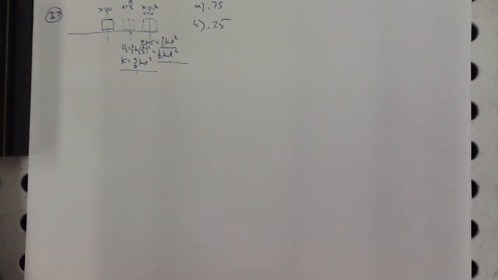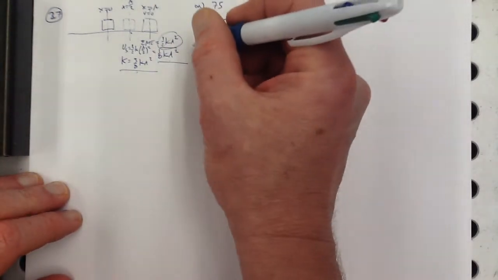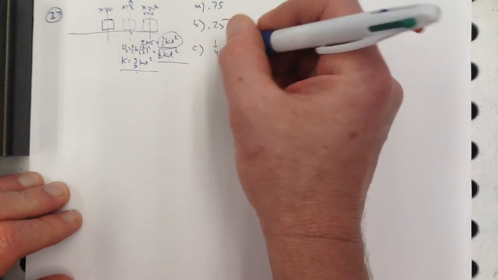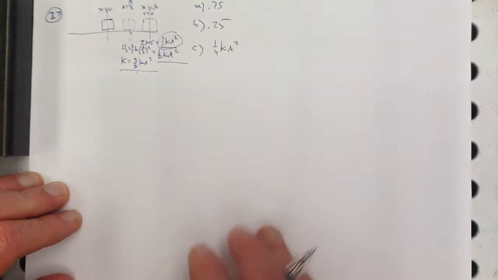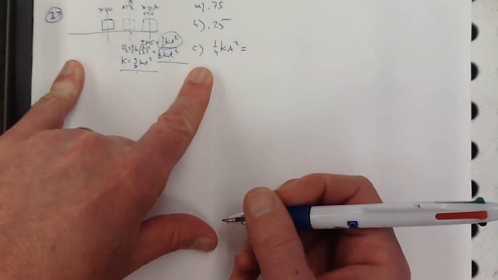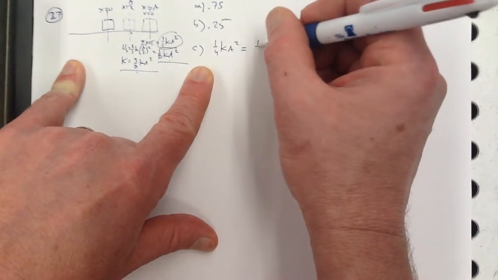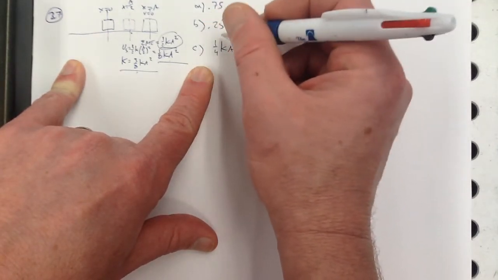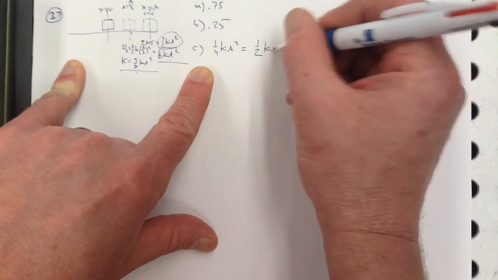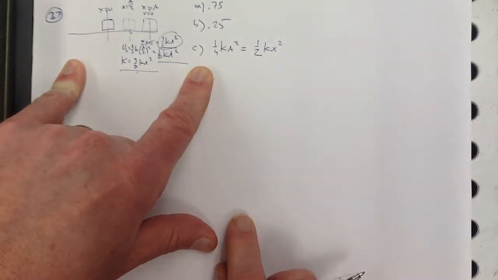And for part C of that, what displacement in terms of the amplitude is the energy of the system half and half? Well, half of the total energy would be 1/4 Ka squared. So if that is half of the total energy, then I want to know what is the x value that gives me that much.